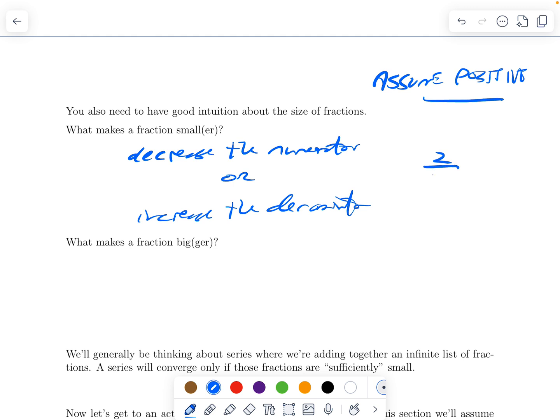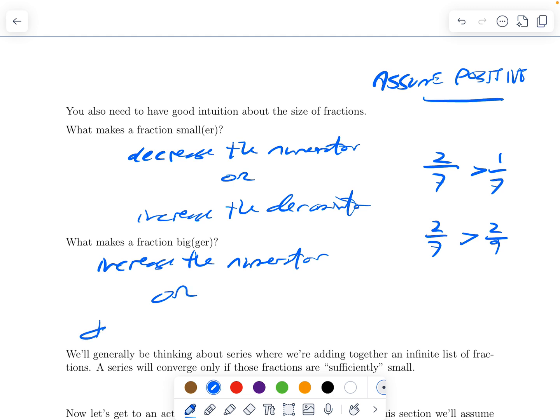If I have a fraction like 2 over 7, that's bigger than 1/7. It's also bigger than 2/9. And what makes a fraction bigger? We just flip this. We can make a fraction bigger by increasing the numerator or decreasing the denominator.